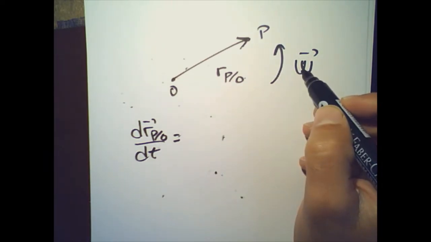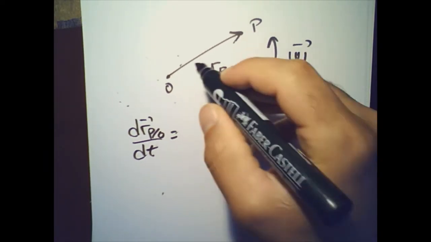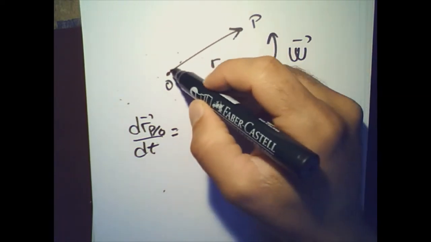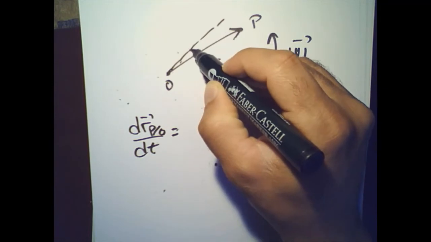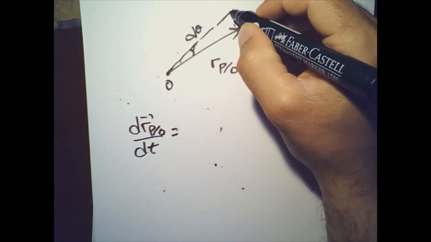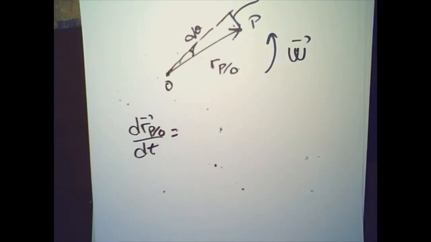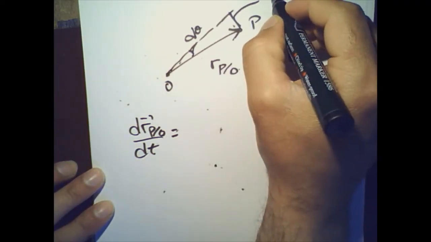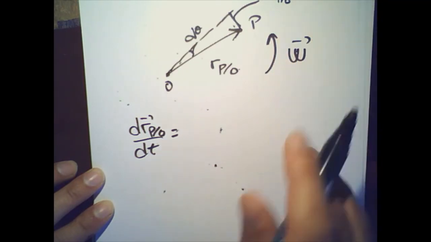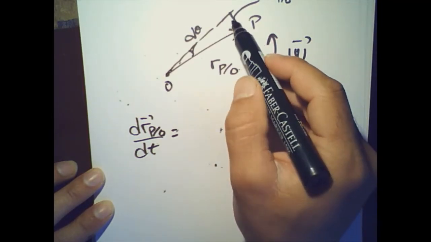Omega is the angular velocity which is spinning that vector, and we know this portion is going to be d theta, right? And we know this length right there, I'm not going to put a vector on it, this length is going to be equal to what? RPO, right, multiplied by d theta. That is the length of this.